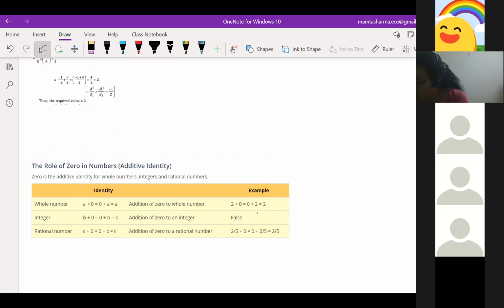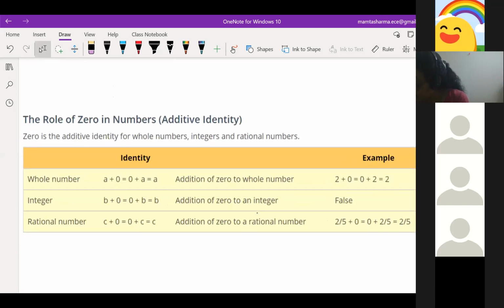Whether we add 0 to a whole number, an integer, or a rational number, the number will remain the same. Wherever you want to add 0, the number will not change.